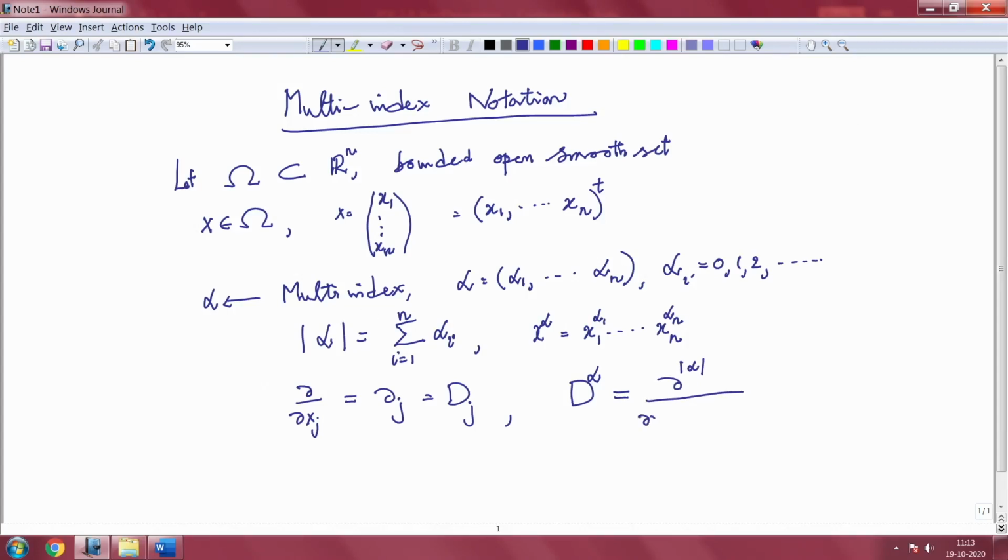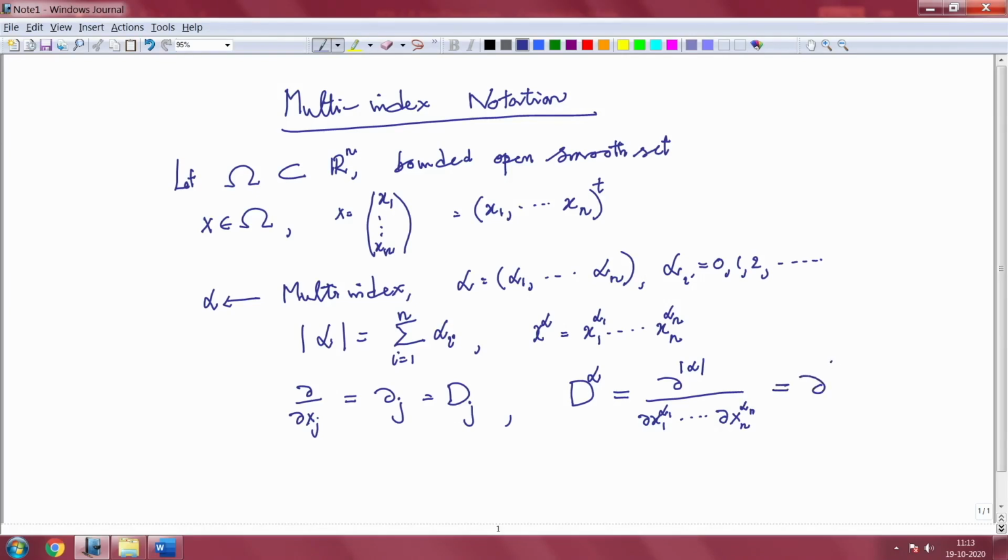So, it is dx1 power alpha 1 etcetera dxn power alpha n. You can also put dj power whatever you want. So, D power alpha sometimes we also use.